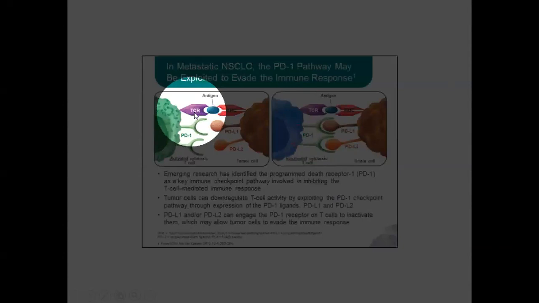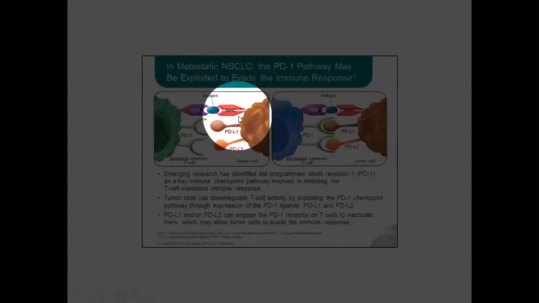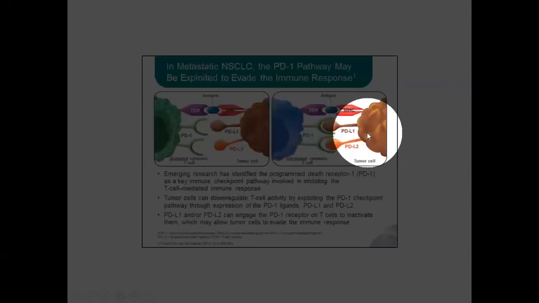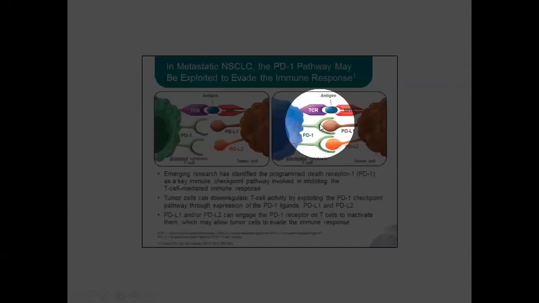So when you have activation of the T cell after being presented by this antigen, and it now becomes anti-tumor, both the tumor and the T cell have this PD1, PDL1 interaction, PD2, PDL2 interaction that inactivates the T cell. If you get ligand receptor linkage of PDL1, PD1, or PDL2, PD2, this leads to inactivation, senescence of the T cell.